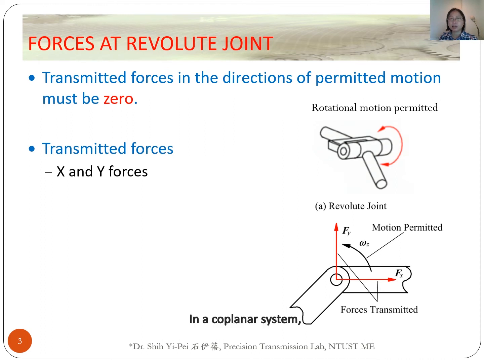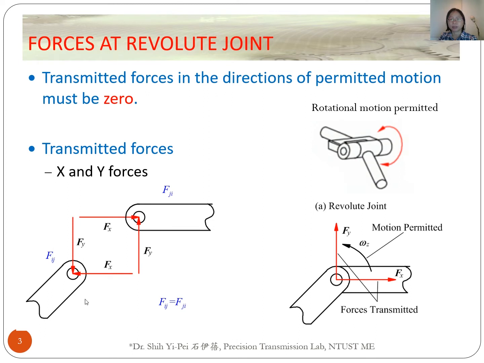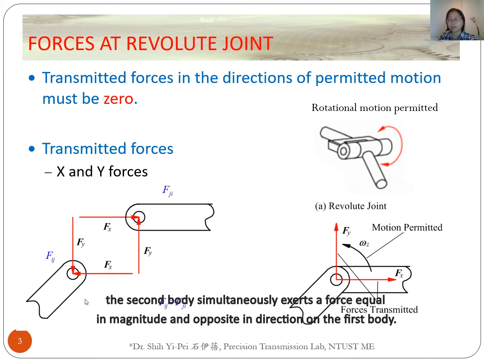In a coplanar system, that means the force has 2 components, x and y. Due to action and reaction, there are 2 bodies that are involved. When one body exerts a force on the second body, the second body simultaneously exerts a force equal in magnitude and opposite in direction on the other body.